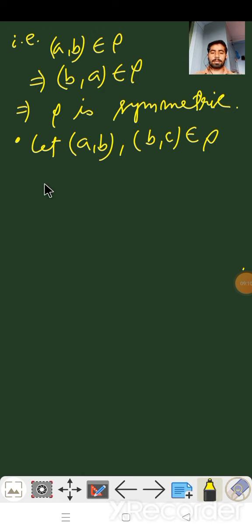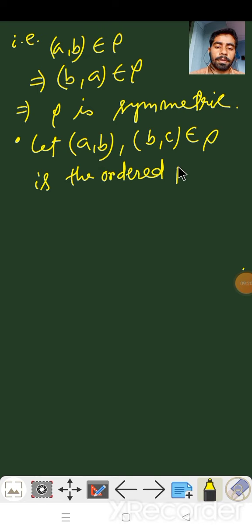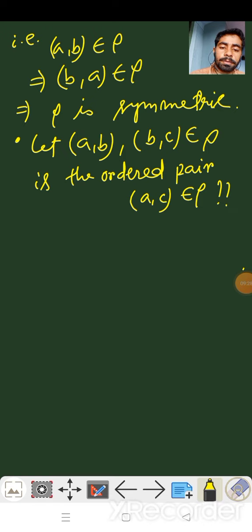Now our question is whether the ordered pair (a, c) belongs to rho or not. If (a, c) belongs to rho, then we can say that rho is transitive. If (a, c) does not belong to rho, then rho is not a transitive relation.